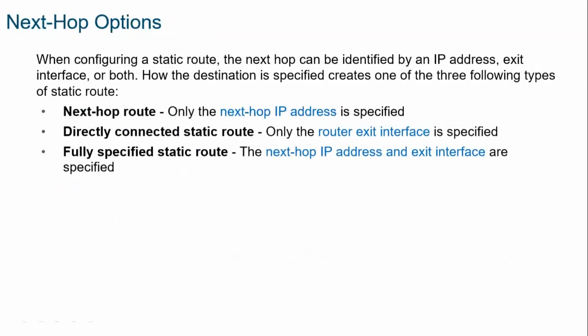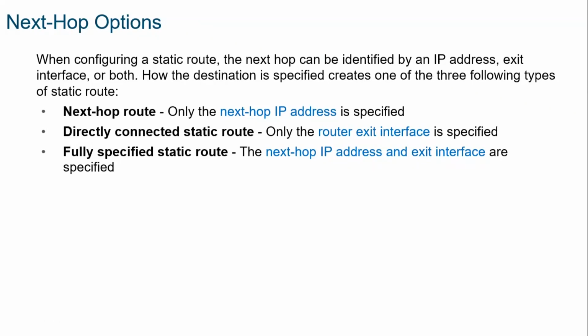When configuring a static route, the next hop can be identified by either an IP address, an exit interface, or both IP address and exit interface. The next hop route is where the next hop IP address is specified. In a directly connected static route, only the router exit interface is specified, and in a fully specified static route, both next hop IP and exit interface are specified.